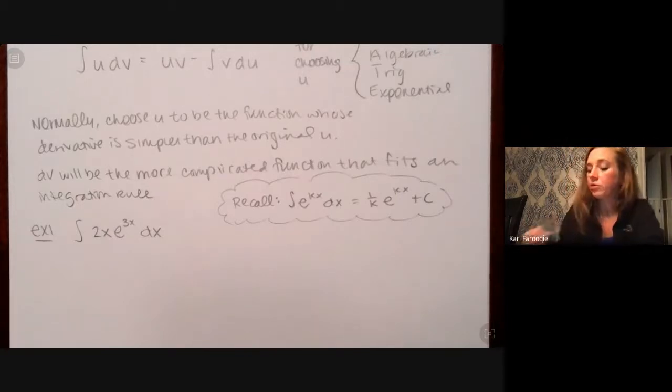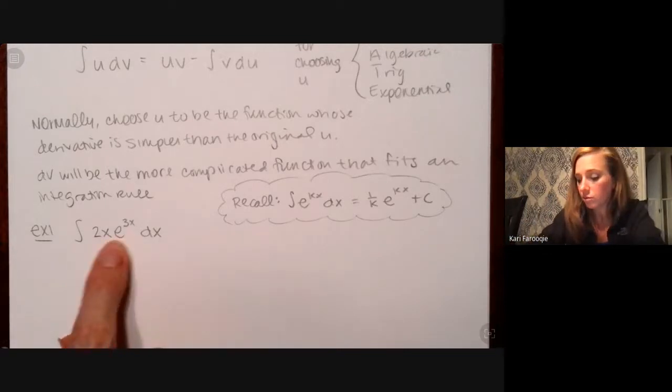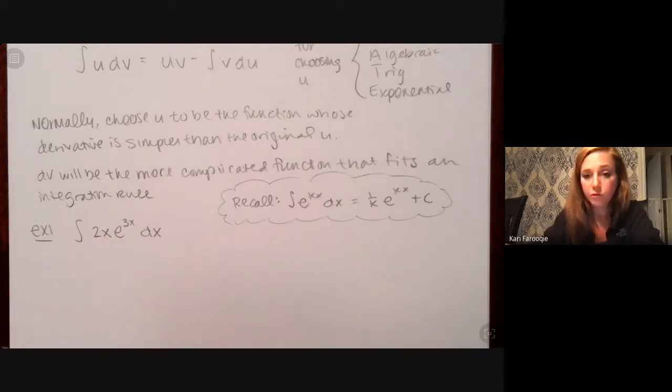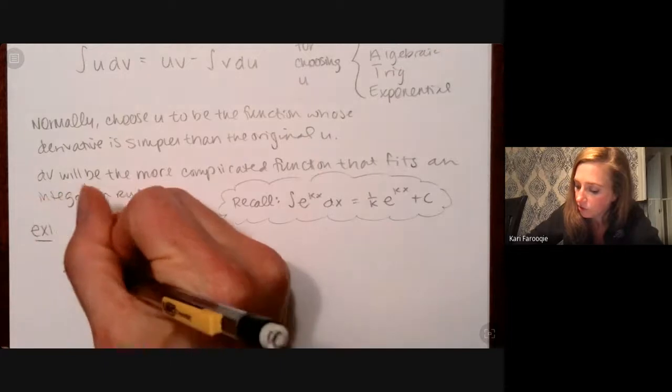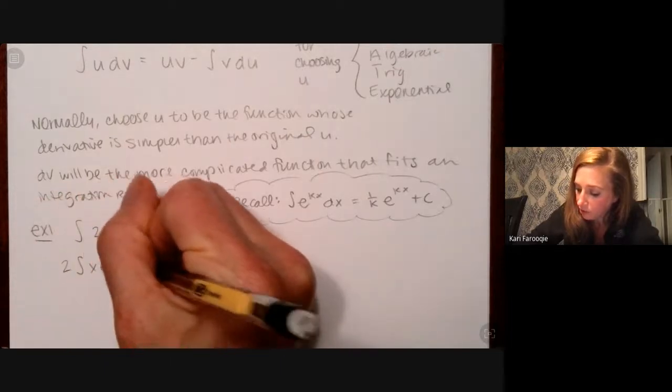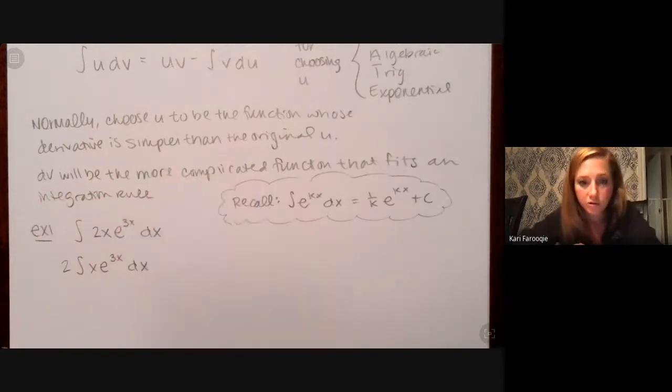However, you have not yet had to deal with a situation where you had this exponential function multiplied by a linear function. Now, if the 2 is bothering you, no big deal. You can just pull that outside of the integral, and then you can really focus on what's inside your integrand. So I'm going to look at my integrand and assign u and dv according to the rules that I outlined above.